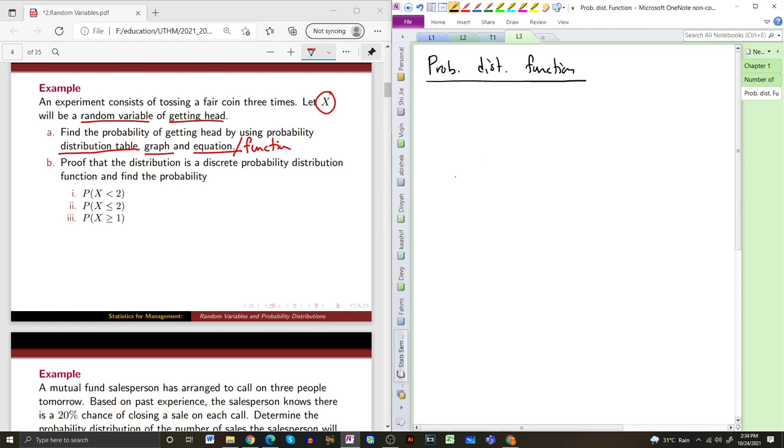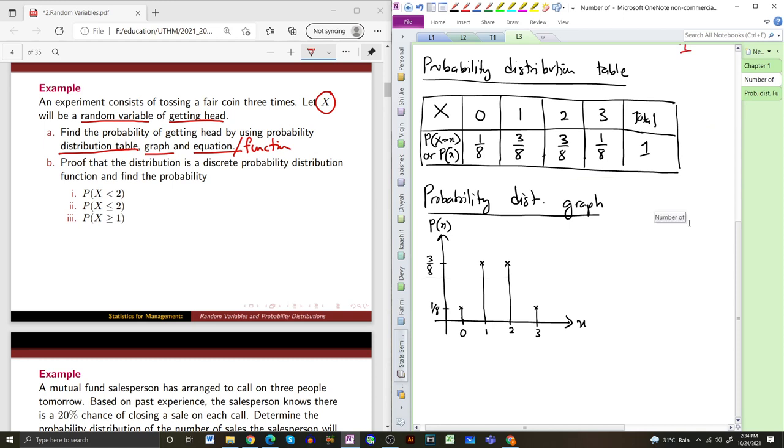For the probability distribution function, just now we saw from the table that the probability is 1 over 8 if x is equal to 0 and 3. Okay, you can see the table here. When x equals 0 and 3, the probability is 1 over 8.